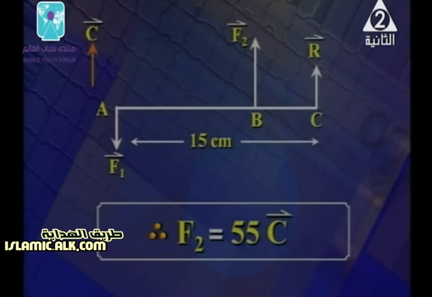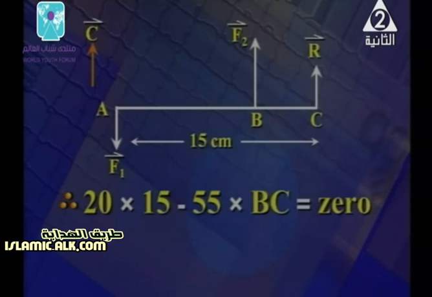Look, student, in this case F1 is in the opposite direction to F2. AC equals 15 centimeters. When R equals F1 plus F2, we find F2 equals 55C. After that, by using the theorem of moment, 20 times 15 minus 55 times BC equals 0.